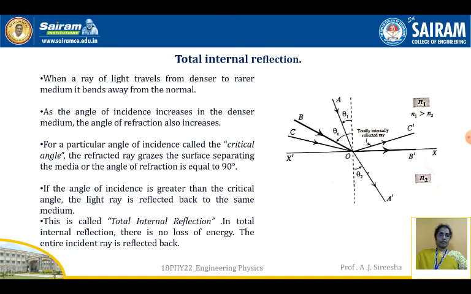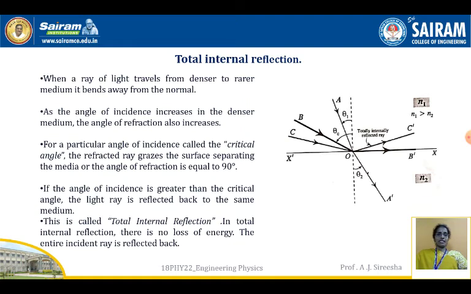Now, what is happening? You can see the totally internally reflected ray as C dash. The condition for this, as discussed earlier, is that total internal reflection happens only when a ray passes from a denser medium to a rarer medium and the angle of incidence is greater than the critical angle, then the ray is reflected back in the same medium.